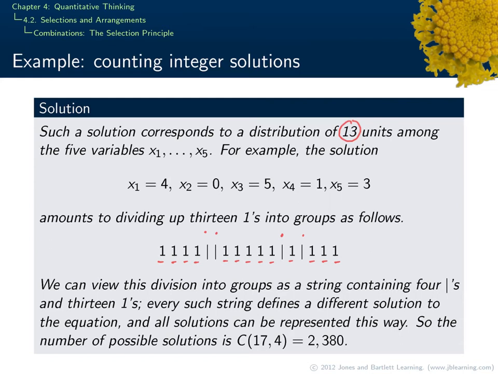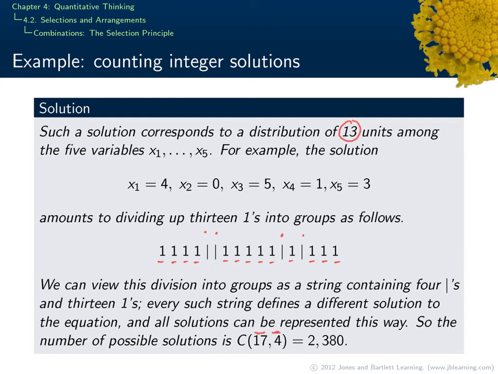So I've got 17 slots total, and what I want to do to get a solution is choose 4 of those locations to put partitioning walls in. And that number, C(17,4), is 2380. So that's the number of ways you can choose a solution to the equation.